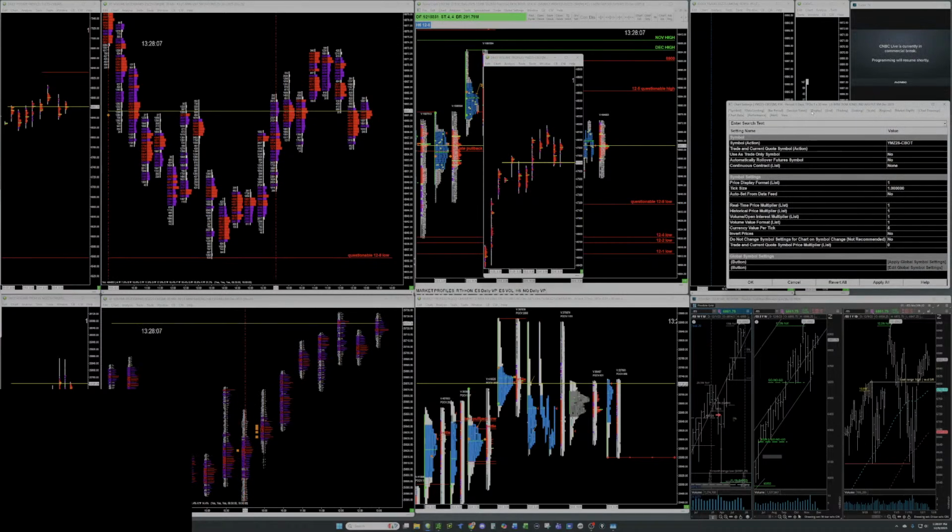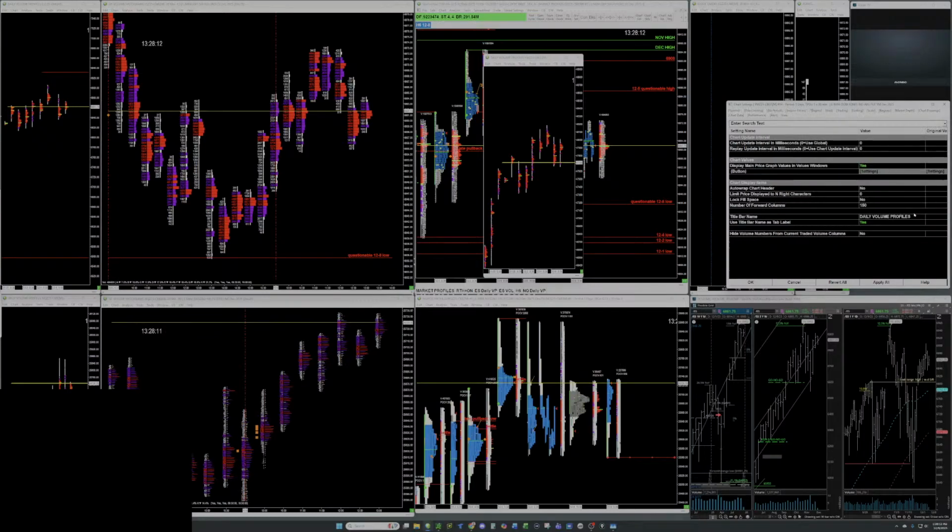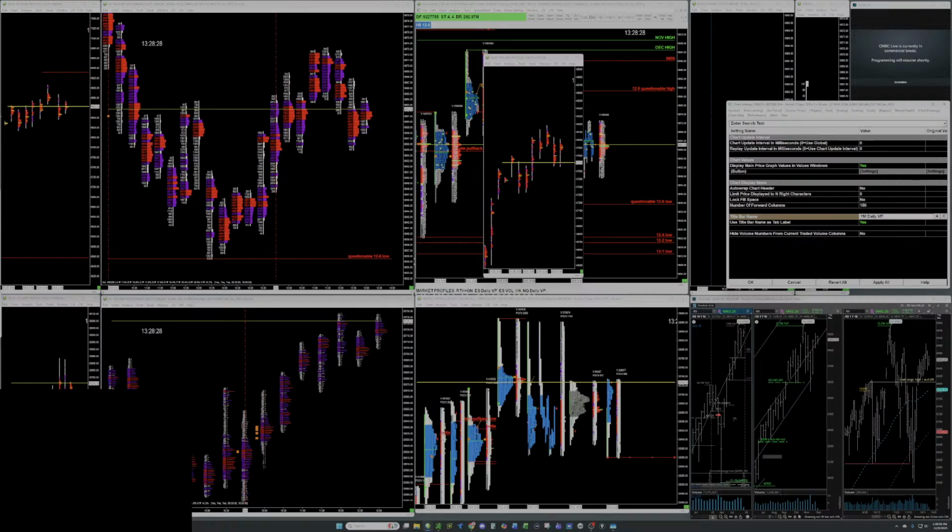Let's change the name of this to display daily volume profile. Daily volume profile. Okay, apply.